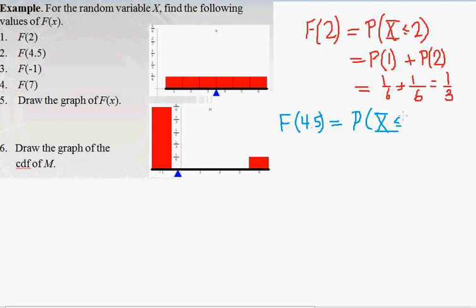X can be equal to 1, or 2, or 3, or 4. There's 4 ways that x can be less than or equal to 4.5. So the 0.5 is almost a red herring in this problem. The 4 possibilities are x equals 1, 2, 3, 4. So that's going to be 1/6 plus 1/6 plus 1/6 plus 1/6, which is 2/3.